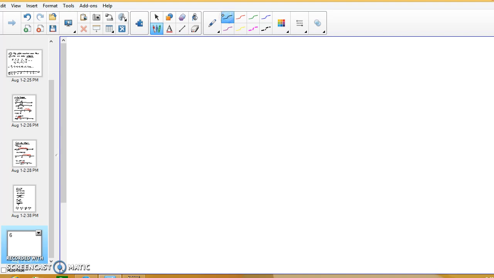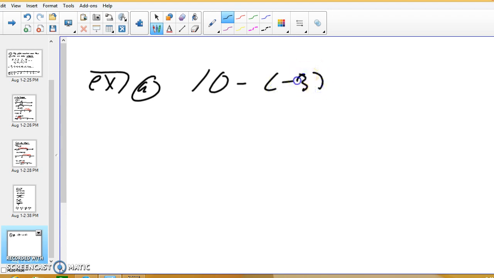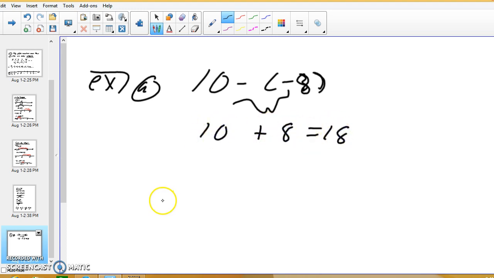So we'll just go through a couple of examples of our own. Example A is 10 minus a negative 8. So again, we think about this, okay, we have two negatives in the middle. A negative and a negative makes a positive, so now it's just 10 plus 8 is equal to 18.